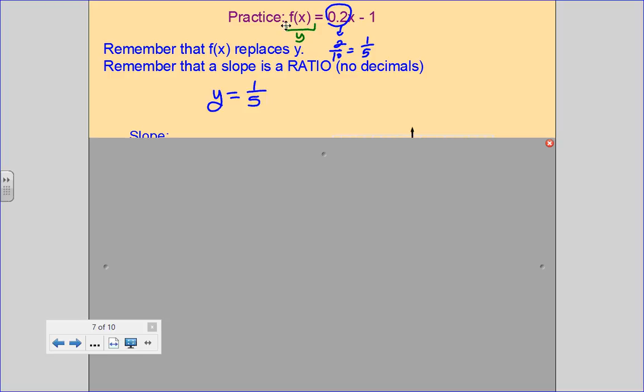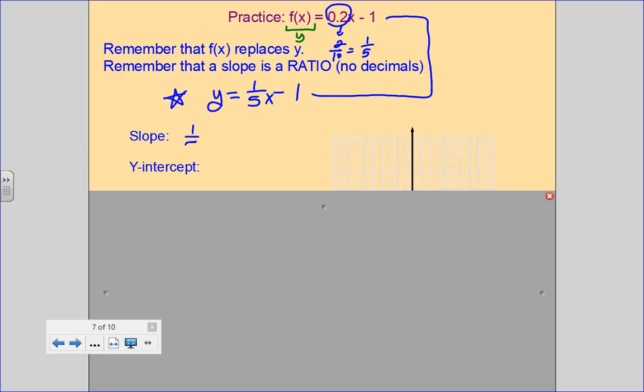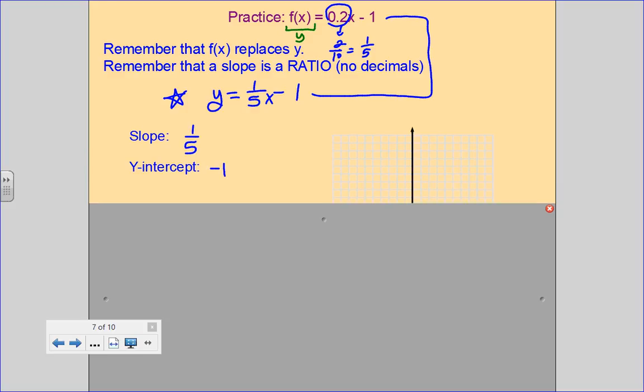So the equation written in slope-intercept form would be y equals 1/5. Oh, I forgot the x. 1/5 x minus 1. And so those two equations really are equal to each other. However, this one's written in slope-intercept form and can now be graphed. So our slope is 1/5 and our y-intercept's -1.